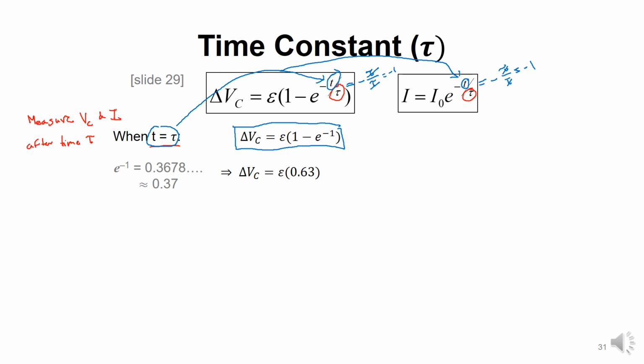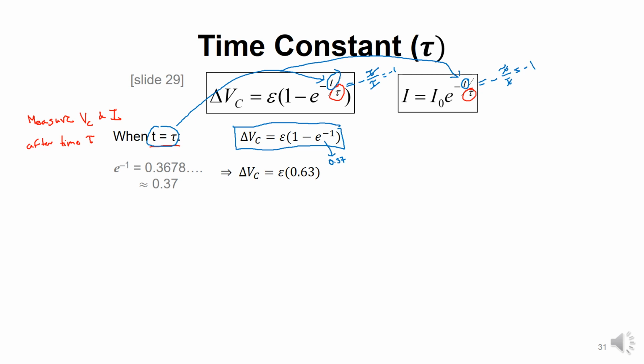So we can use a calculator, plug in e to the power -1, and you get approximately 37%, 0.37. So if you plug in 0.37 and you subtract from 1, you get 0.63. So we see the capacitor voltage equals E, the final voltage, times 0.63.